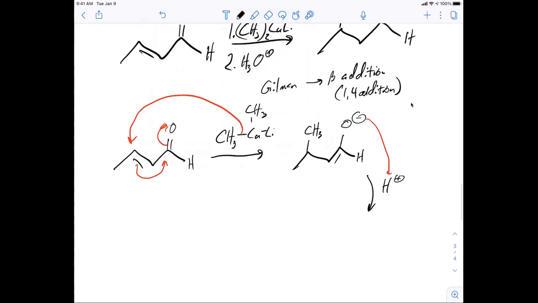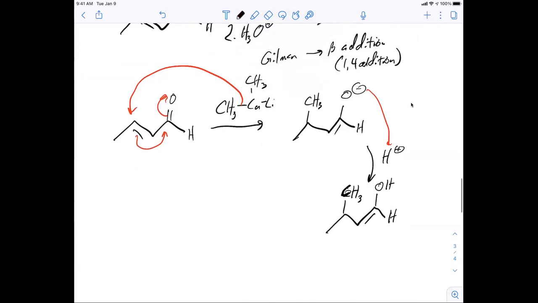Now, because protons and oxygens are closer, the fastest thing that happens here is actually the protonation of the oxygen. But the protonation of the oxygen forms an enol. And what do enols do?